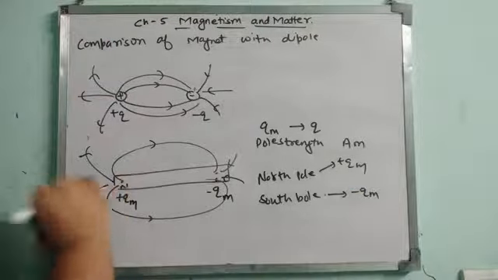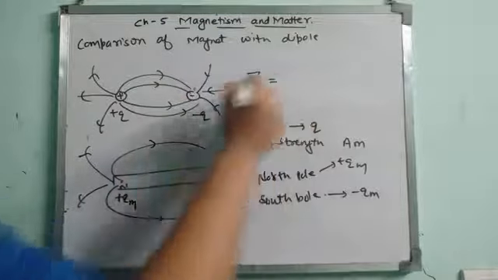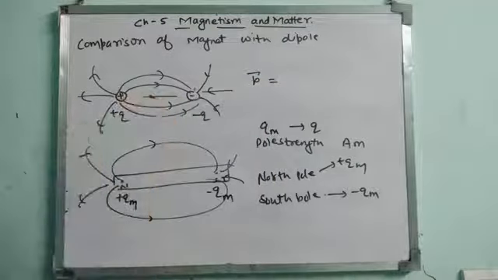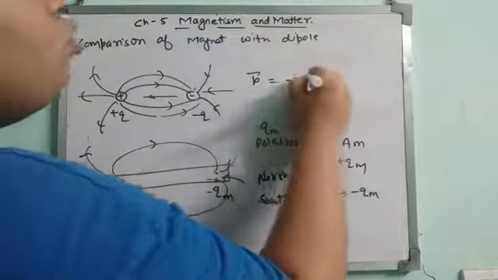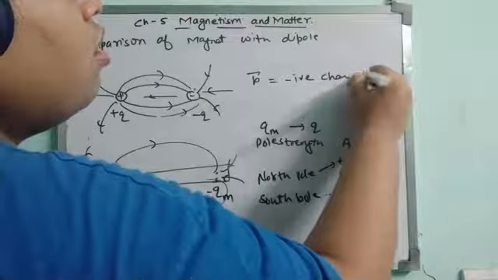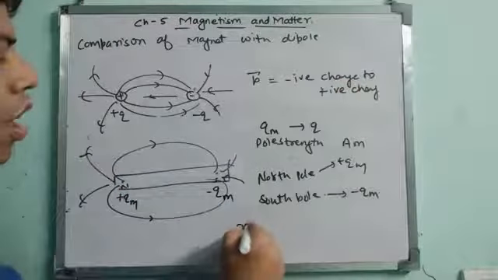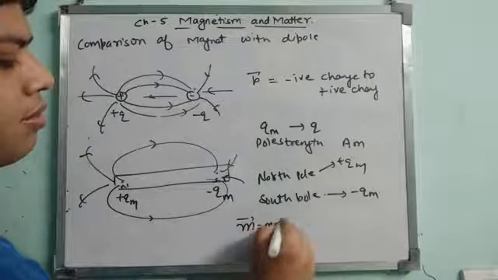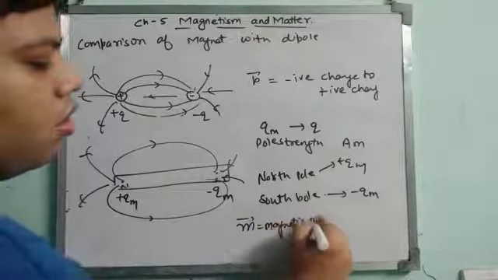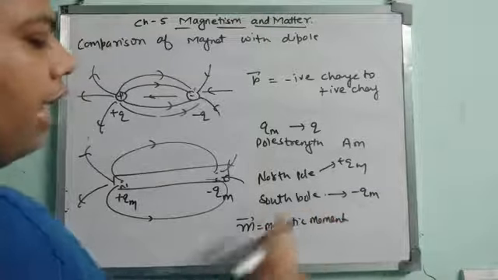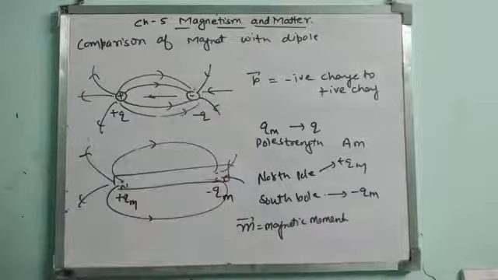What is the direction of dipole moment? The direction of dipole moment is from the negative charge to the positive charge. Let's suppose small m stands for magnetic moment. Here m is equivalent to dipole moment.